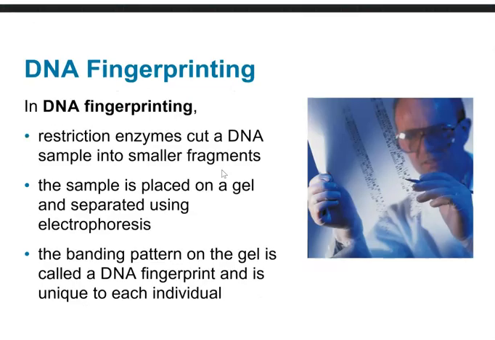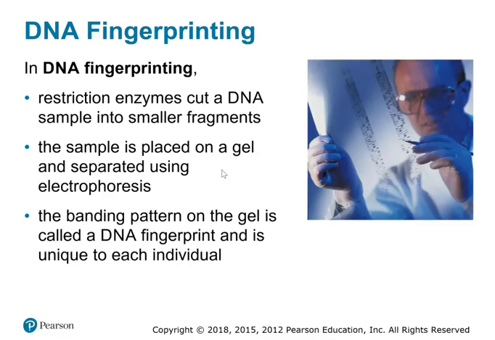DNA fingerprinting. There are so-called restriction enzymes that can cut DNA. Each restriction enzyme recognizes a very specific sequence, a place where the DNA is going to be cut. And if you use a panel of restriction enzymes, they will cut the DNA into smaller, unique fragments. That's important.